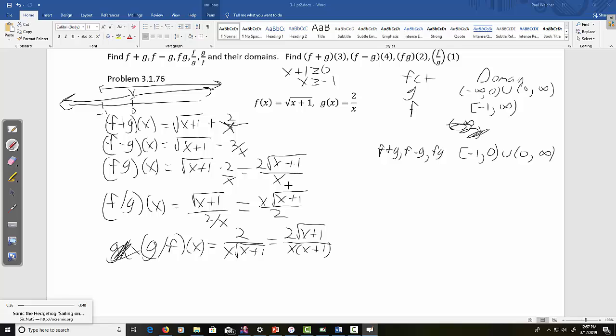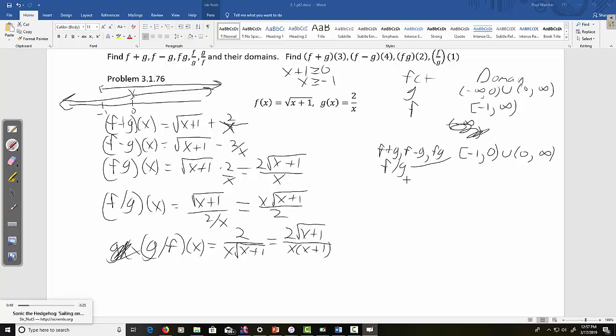If we look at f over g, it really doesn't have any additional conditions. It's not really dividing by anything unfortunate. So f over g would also go here. G over f, though, if you look at this, this is undefined at 0, which we don't have in our domain anyway, but it's also undefined at negative 1.